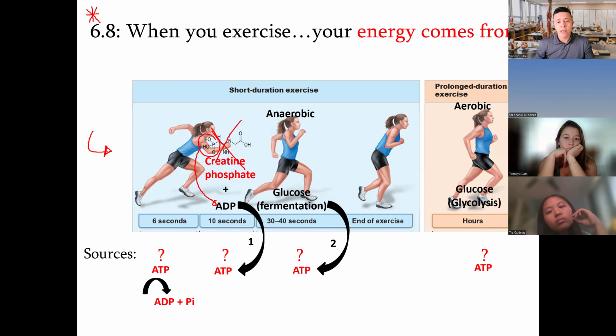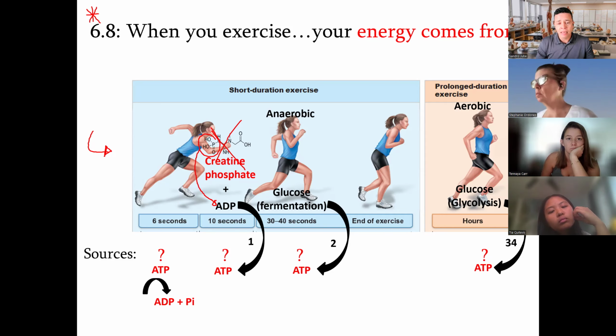It does require oxygen gas in order to be able to generate ATP from glucose. But look at this, guys. From one glucose, we can get up to 34 ATPs. Much, much more efficient than if I take the glucose and send it through the fermentation pathway.